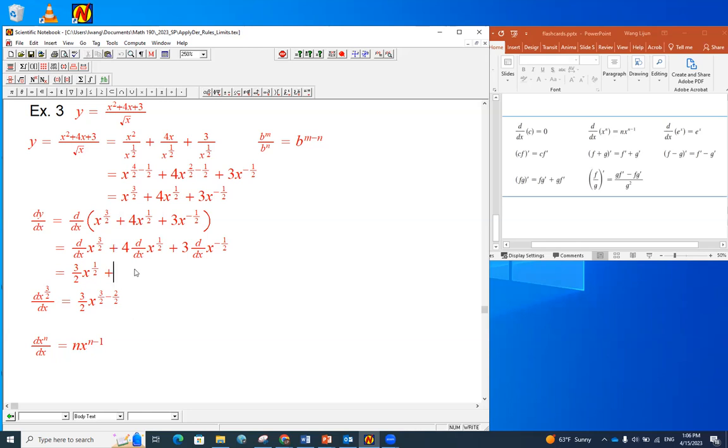You have a piece of scratch paper to write it down in case you make any mistakes. Now we look at this piece, and this time n is 1/2.